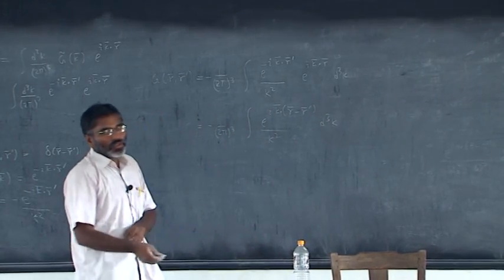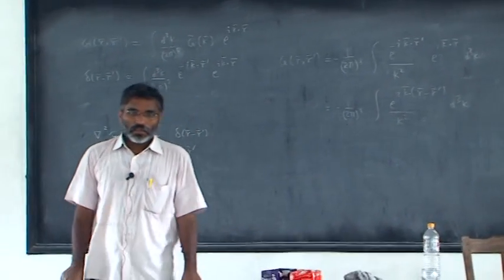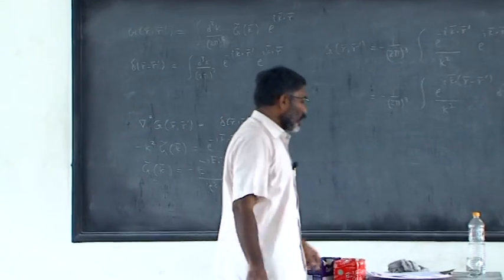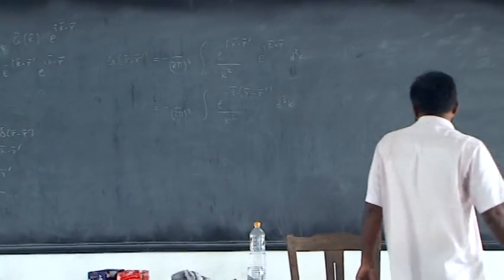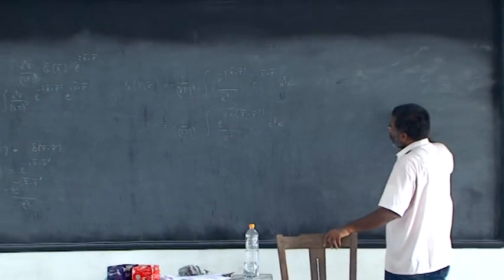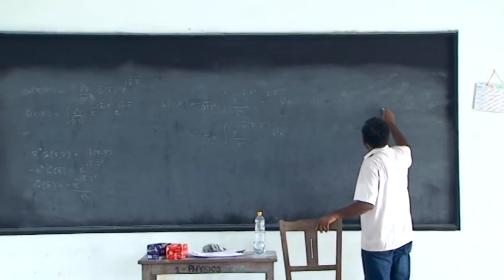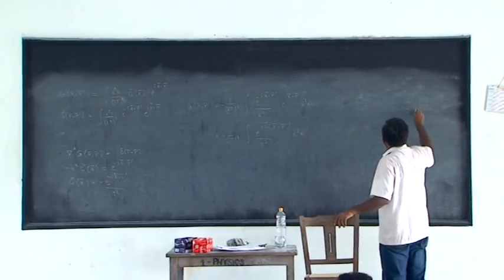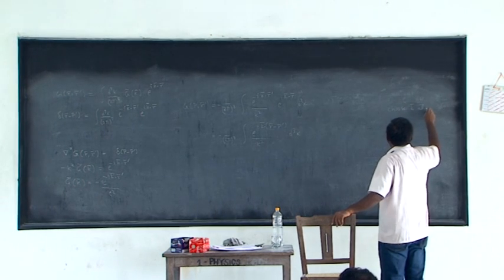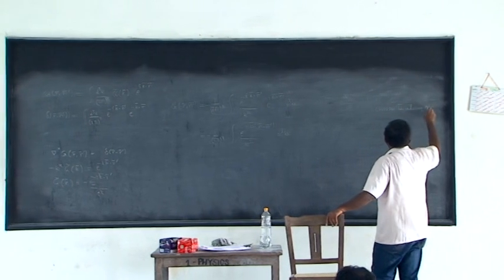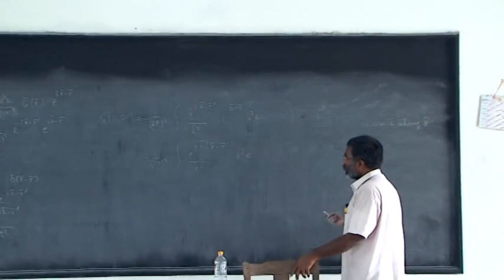So you can actually choose, without any loss of generality, your direction of k along the z axis. You choose k along the z axis without any loss of generality.